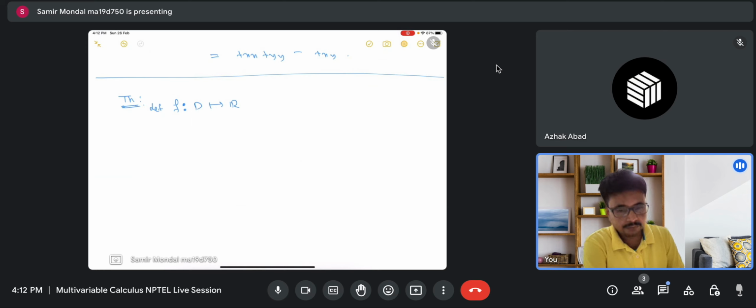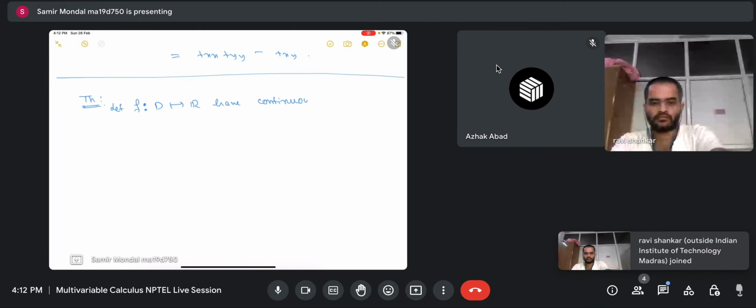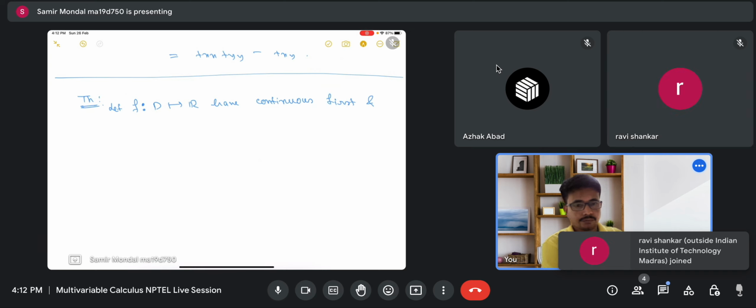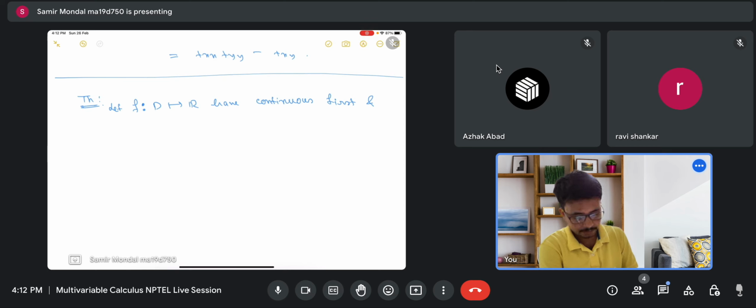Let f from D to R have continuous first and second order partial derivatives. So this is our extra assumption on the function f.